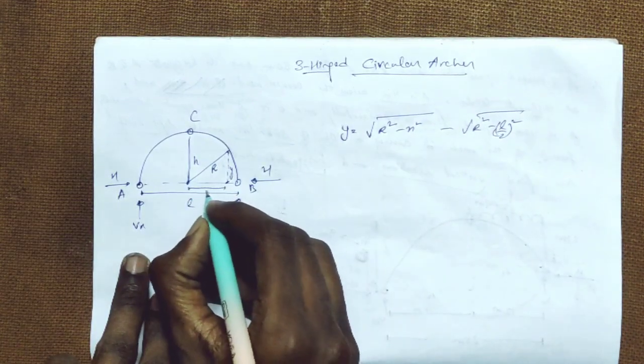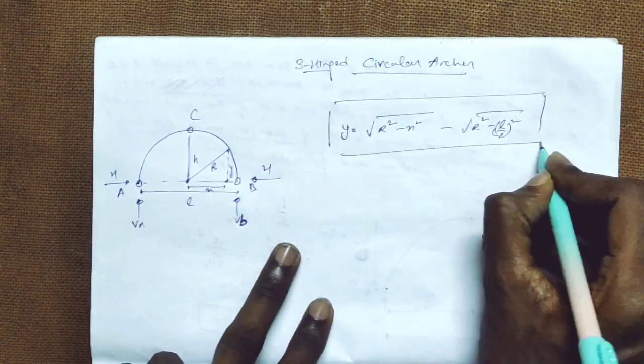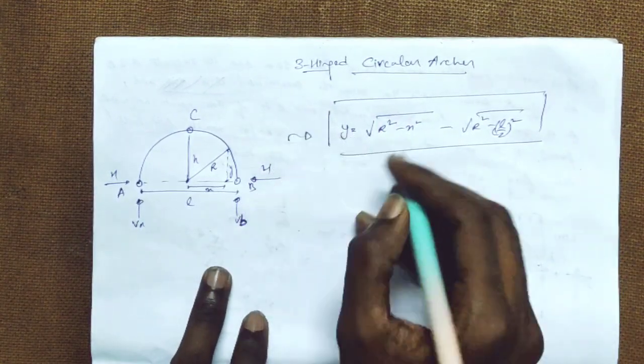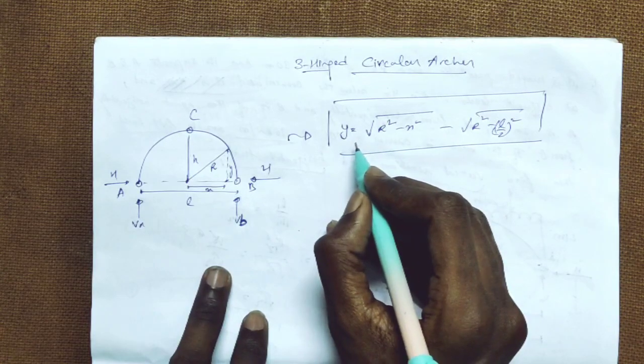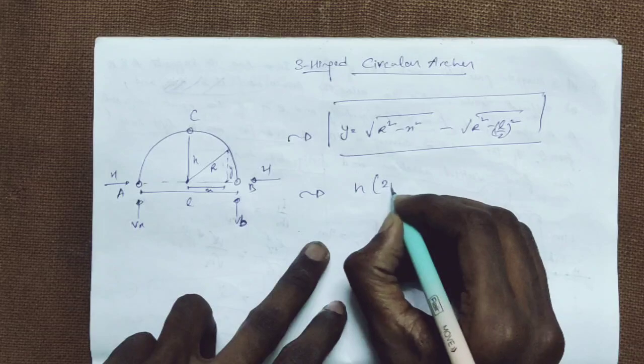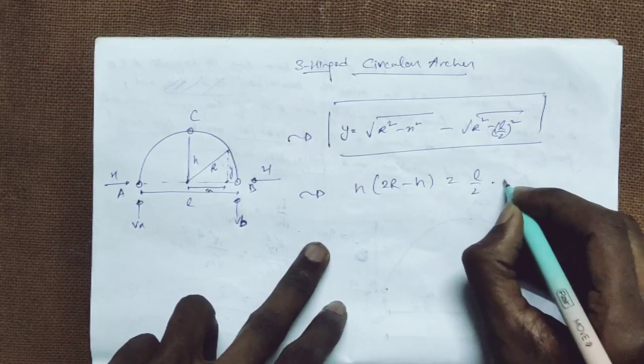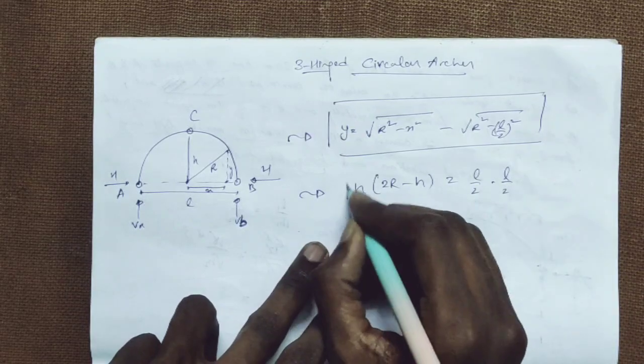This will be X, right? For any circular arch, this will be the expression for Y, and H into 2R minus H is equal to L by 2 into L by 2.